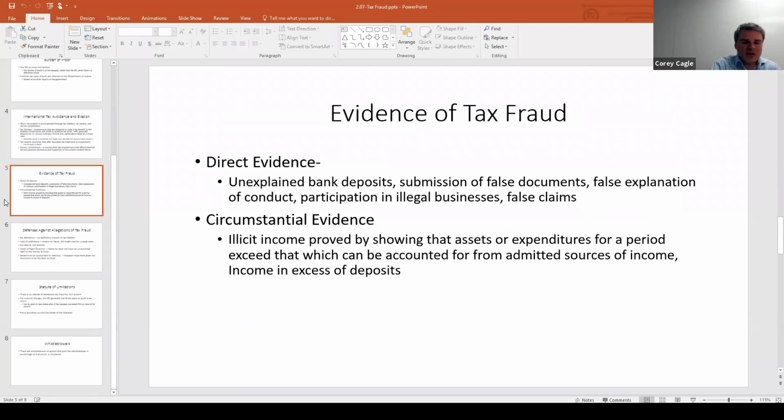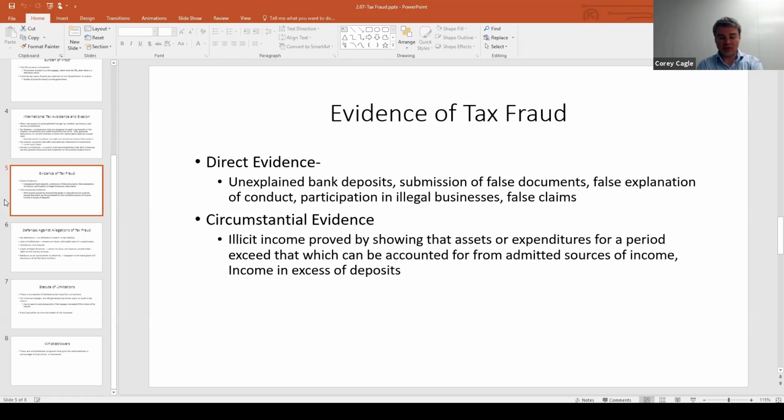Evidence of tax fraud. So direct evidence rather than circumstantial evidence. Direct evidence of tax fraud would be bank deposits that are not explained, false documents that have been submitted, false claims, participation in an illegal business.